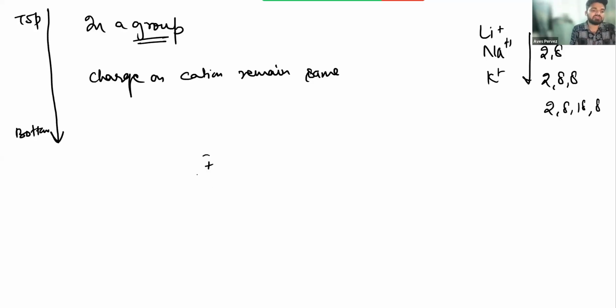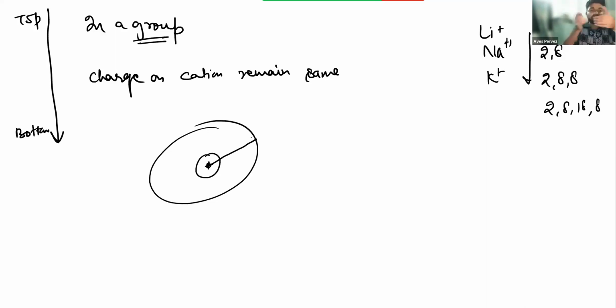If this is the lithium ion and this is the sodium ion, Na positive with 2, 8 electrons, then as we move away from the positively charged nucleus, the distortion power decreases. Let me explain what covalent character is. If there is a bond between two atoms, the positively charged ion, called the cation, has the power to attract the negatively charged anion's electrons towards itself.